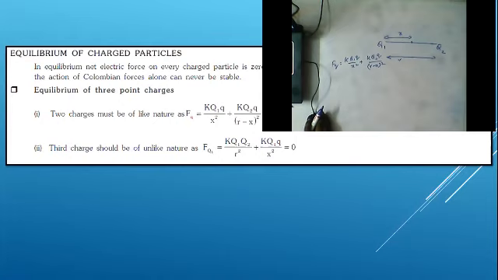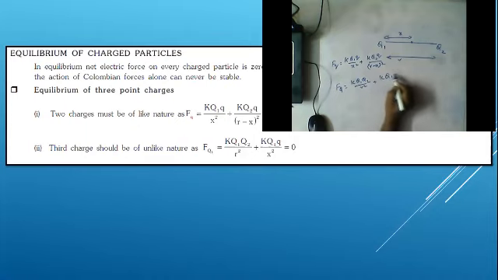If the third charge should be unlike nature, then what is the formula, guys? At the time we need to use Fq is equal to k q1 q2 by r square plus k q1 q by x square.